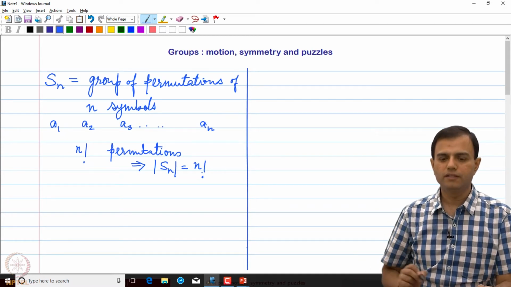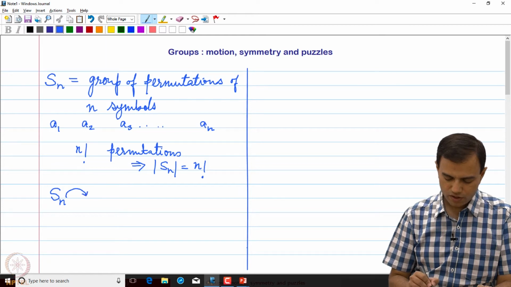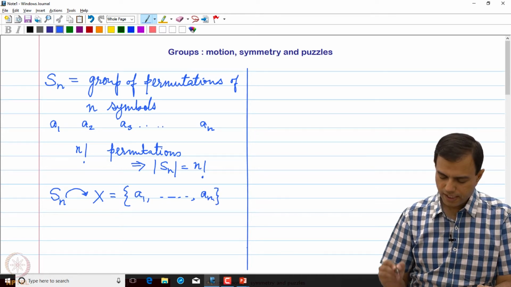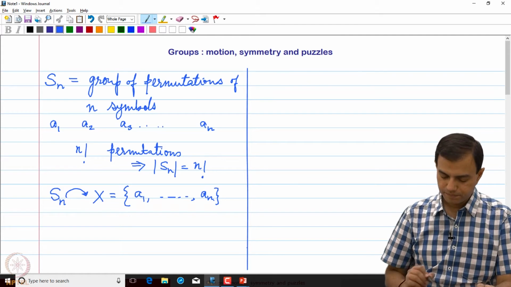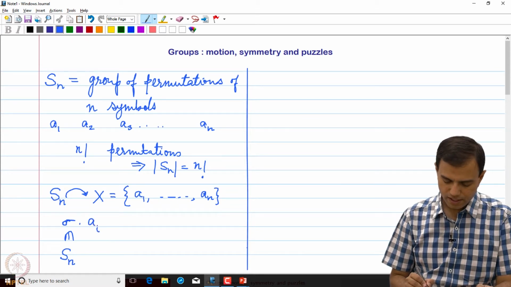The way the symmetric group is defined, it's very natural that Sn acts on X. What is X? X is just the collection of those n symbols A1, A2, up to An. How does it act? You take some element, I'll just call it sigma, an element of Sn, and I take an element of X, say Ai.